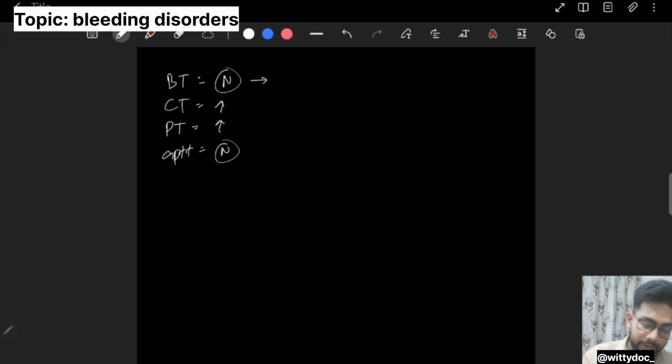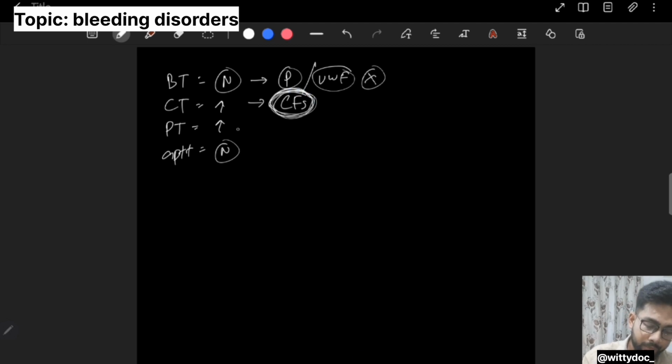If BT is increased, that means there is probably a defect in platelets or von Willebrand factor, but this is normal, so there is no defect in platelets and von Willebrand factor. Clotting time is elevated, so there is a good chance of a defect in clotting factors.